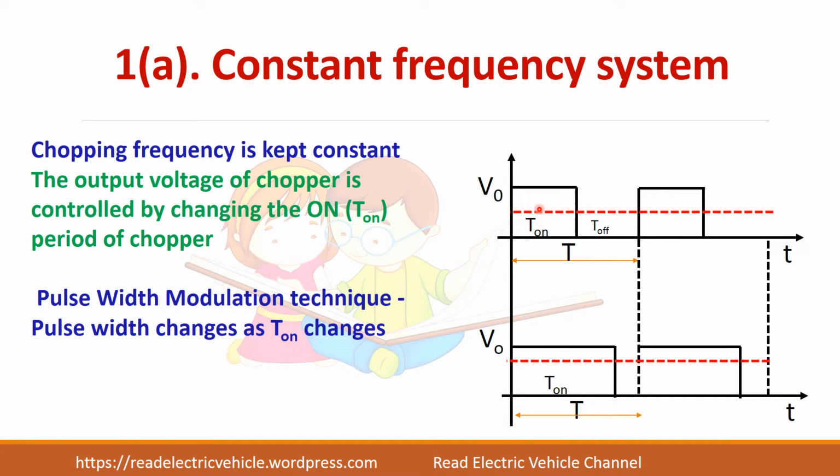This technique is also called the pulse width modulation technique. It is the widely used technique in power electronic systems because it is the easiest method. So this constant frequency system is called the pulse width modulation technique. Here the pulse width changes as T on changes.